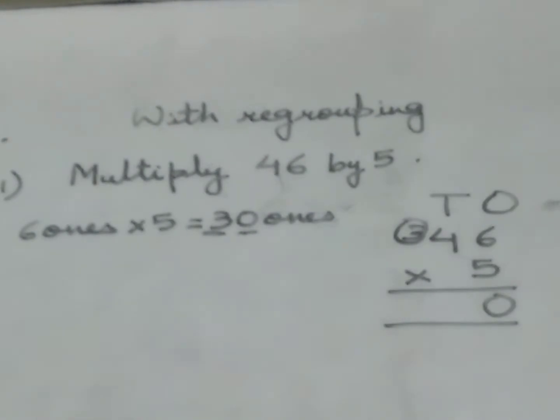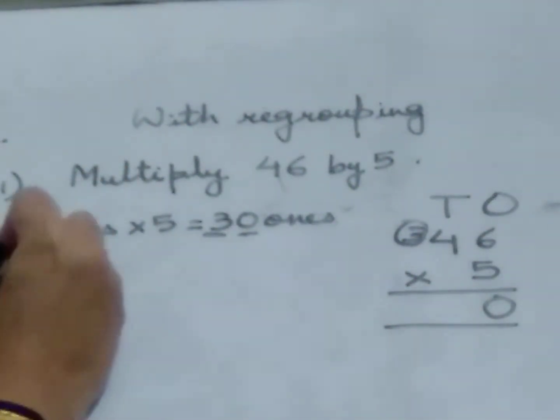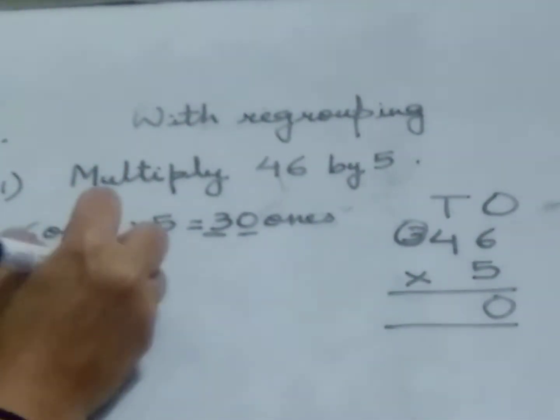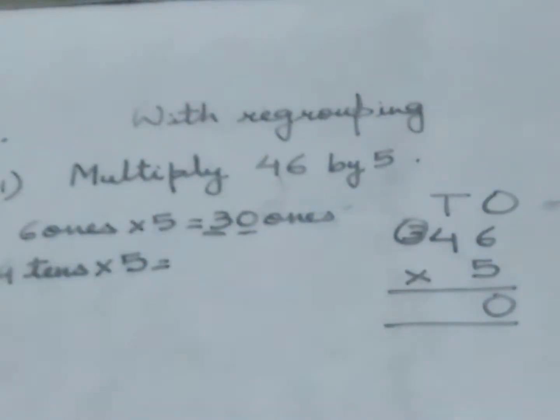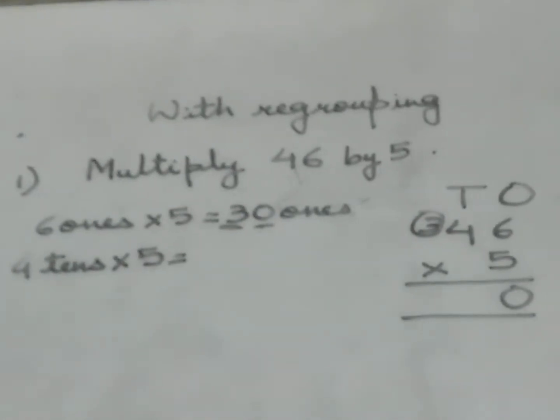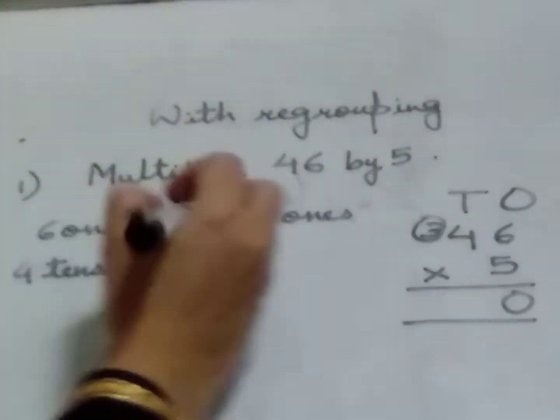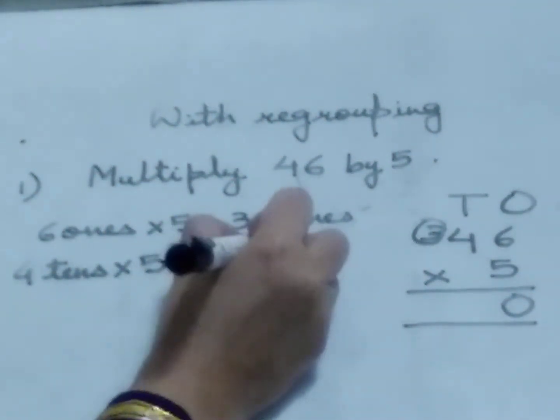to the tens column. Now multiply the tens next, which is 4 tens multiplied by 5 is equal to 4 5s are 20 tens.